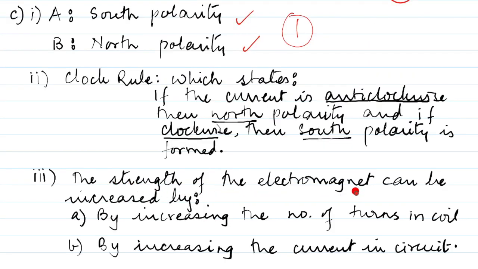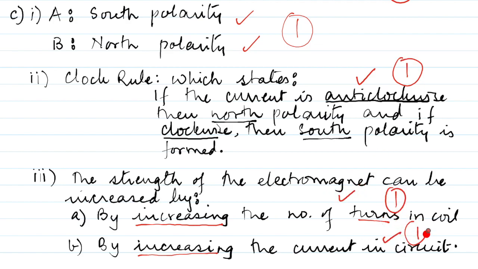So the strength of the electromagnet can be increased by increasing the number of turns in the coil and by increasing the current in the circuit. So we have this one giving us 1 mark, this one giving us 1 mark, and this one giving us 1 mark. So this C part was for 4 marks.